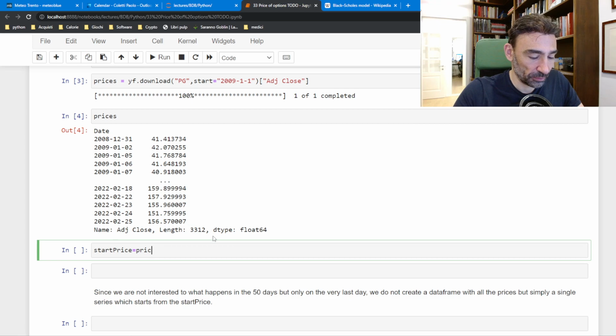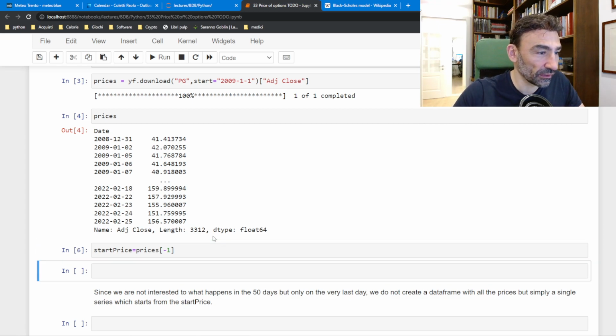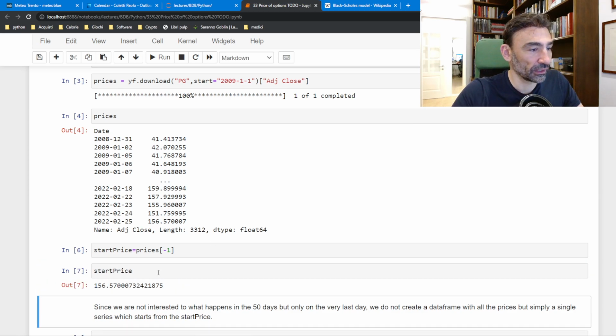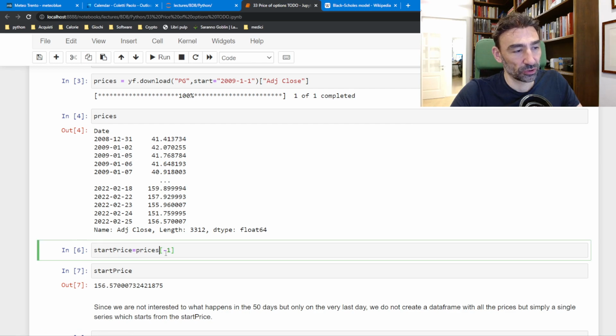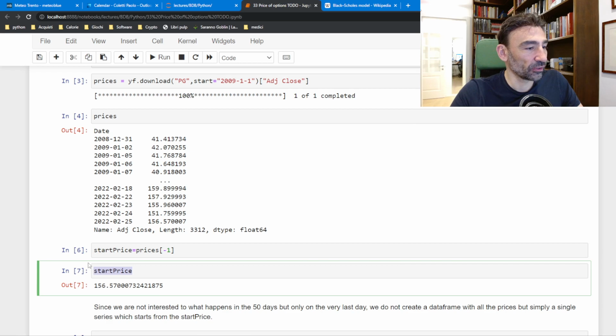So it's prices at -1. It doesn't work, I think. Yeah, does it work? Yes, it does. Also, you could type .iloc. Very well. And now let's determine the logarithmic returns.